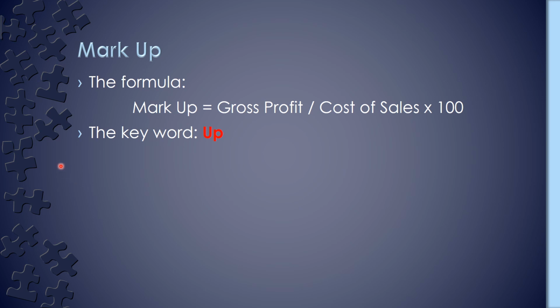Okay, so the key word here is up, and that is because a markup is based on cost of sales. The cost price of your product that you're selling, you then need to mark up to the selling price. Because it's based on the cost price, we're always going to be going up to the selling price.